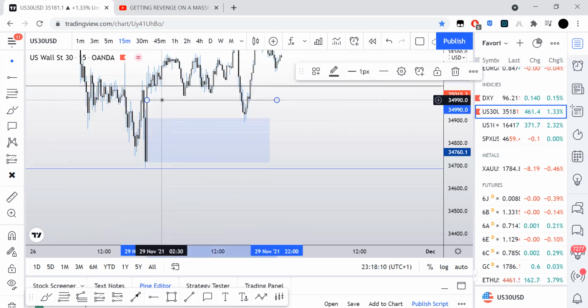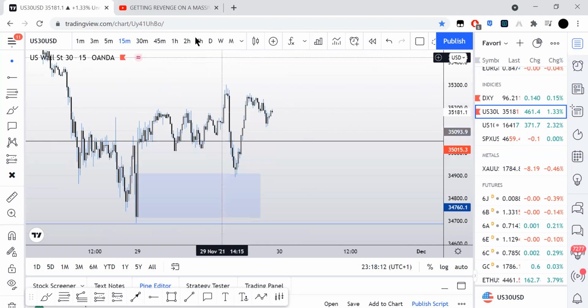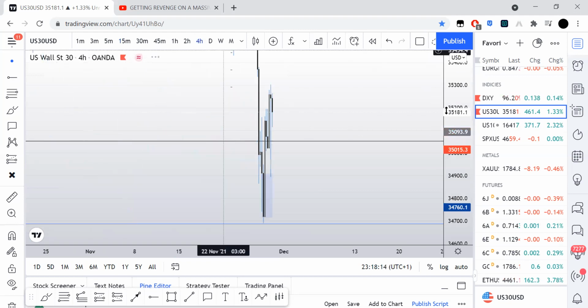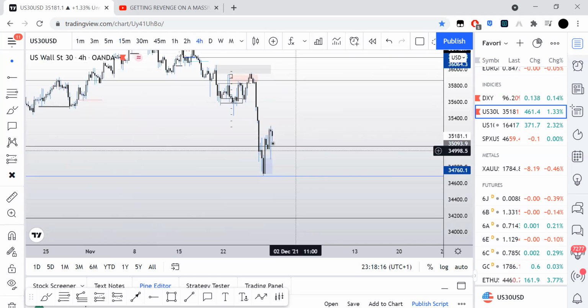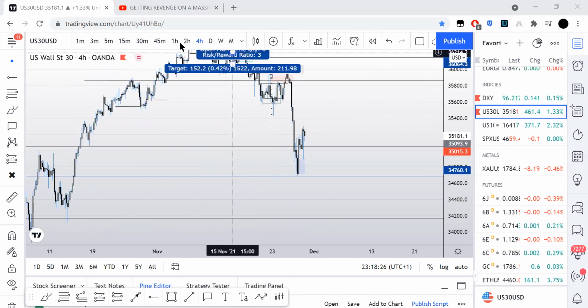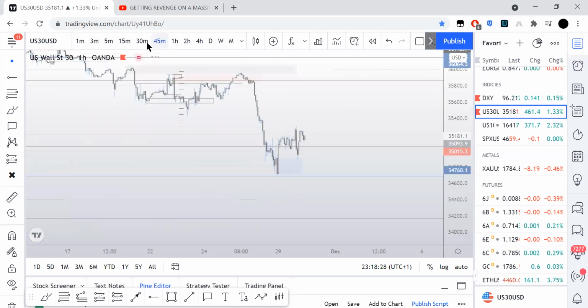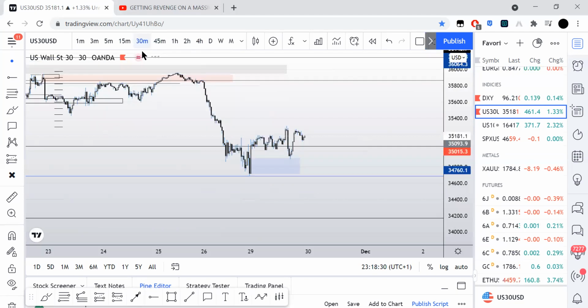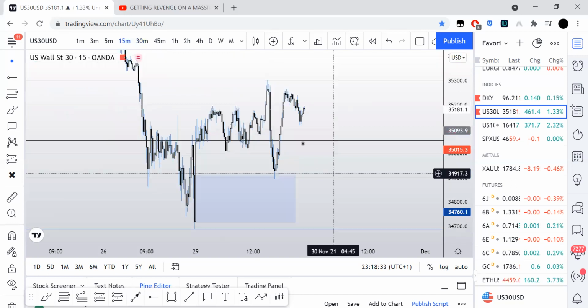So US 30, I'm kind of bullish for right now. Looking at this price action, I think we could come up. We have all this imbalance up in here, so we could probably come a little higher before maybe selling off. I missed a buy that I most likely would have wanted.